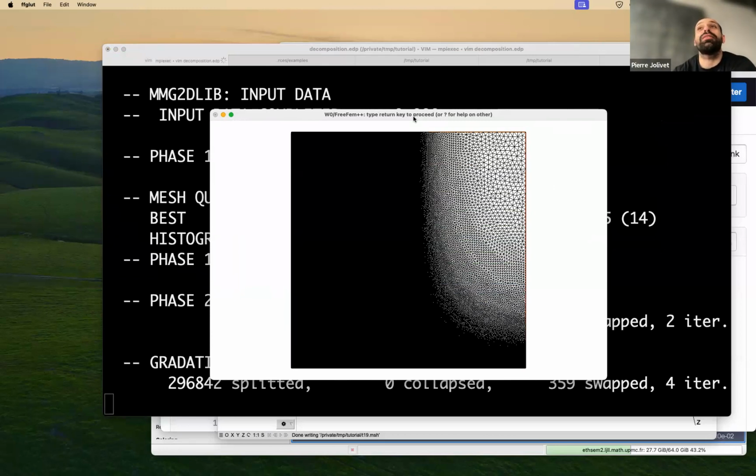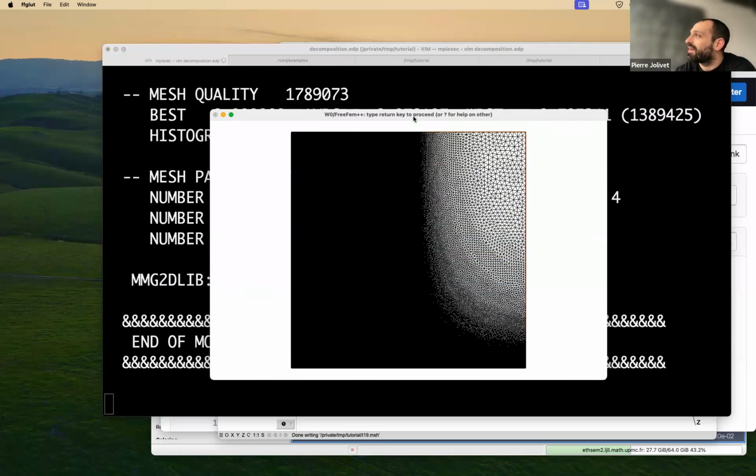So it takes a little bit of trial and error to figure out how MMG works.